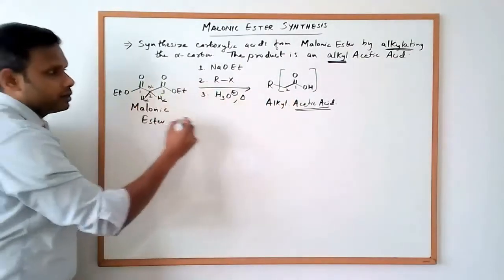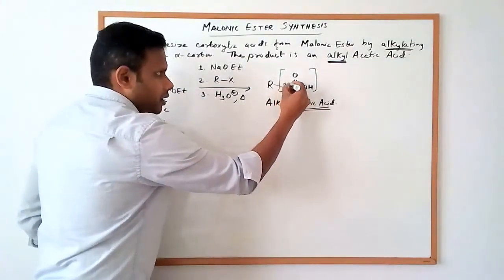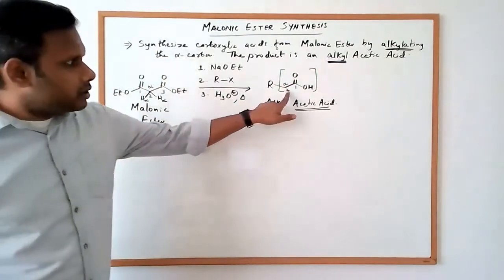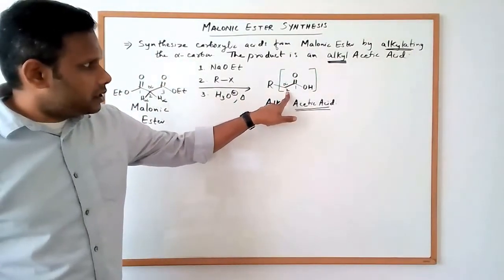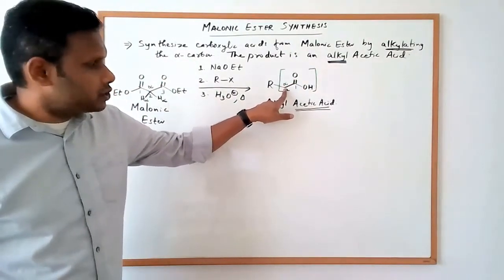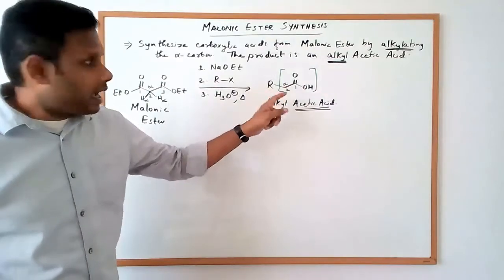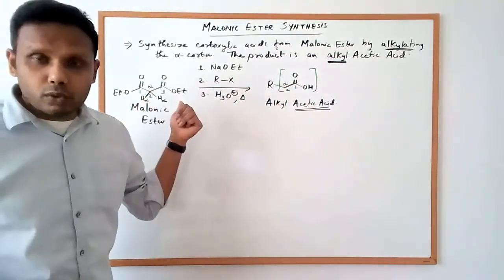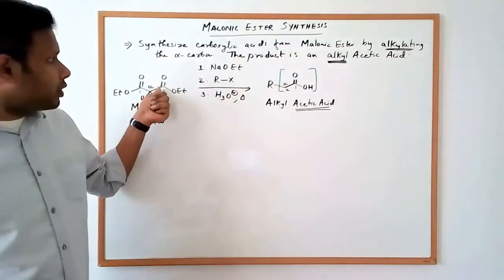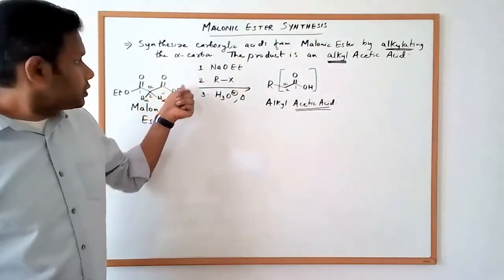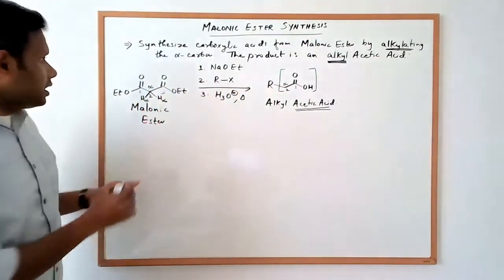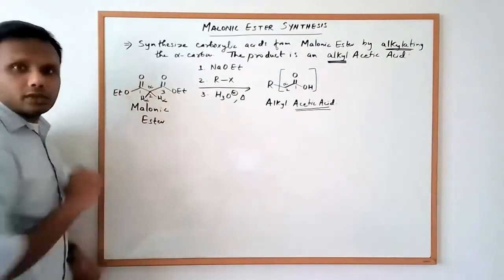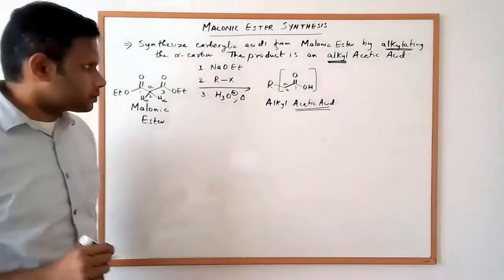The alpha carbon here, that's this carbon. The carbon that is the acetic acid carbon, the CH2, the methylene here, is the alpha carbon from the malonic ester. We are keeping one of the ester groups, which becomes a carboxylic acid, and we lose the other ester group in the process.